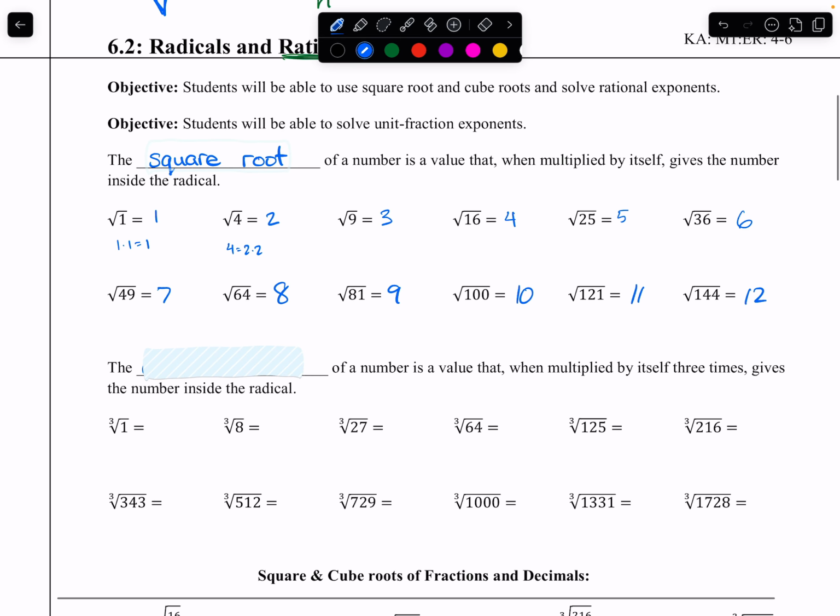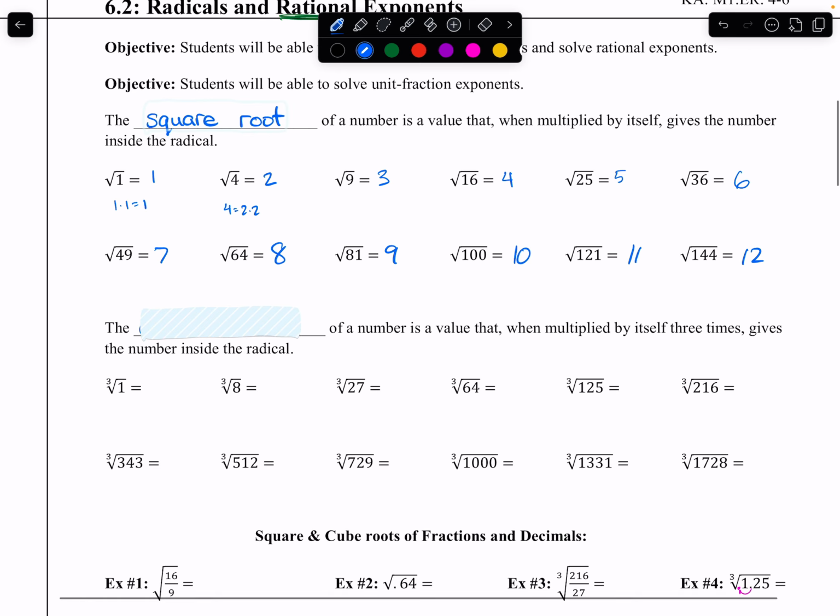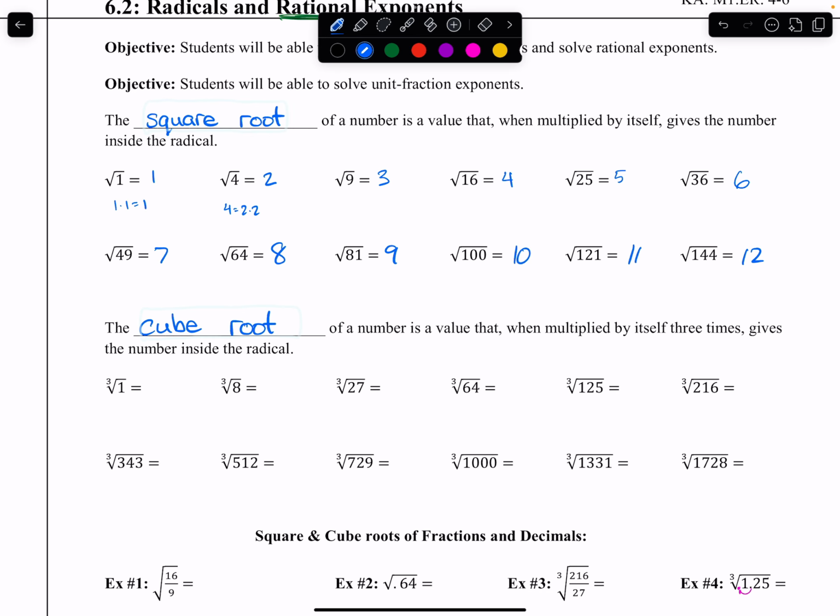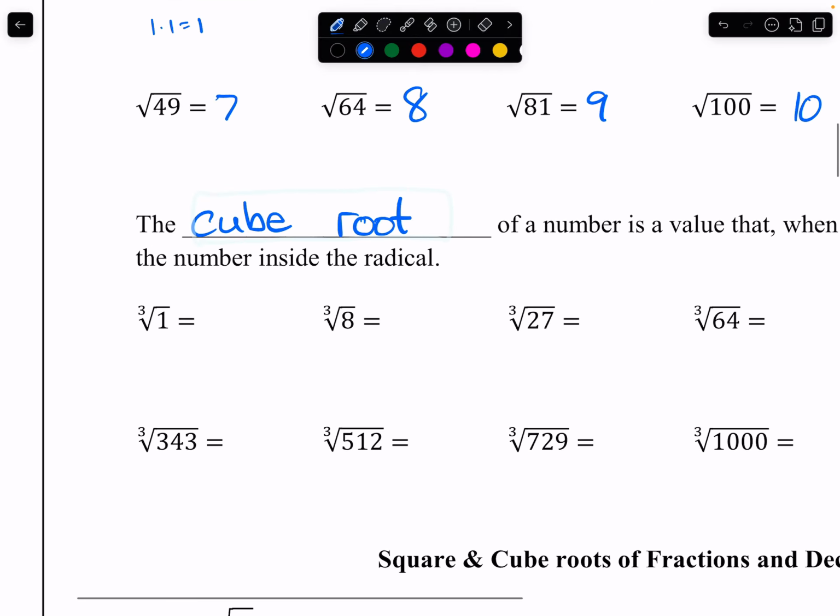But I suspect that fewer of you have your perfect cubes memorized, and you're going to need those too for this unit. So the cubed root of a number is a value that when multiplied by itself 3 times gives us the number inside the radical. So again, when you see the cubed root of 1, well, since 1 times 1 times 1 gives us 1, 1 is the cubed root of 1.